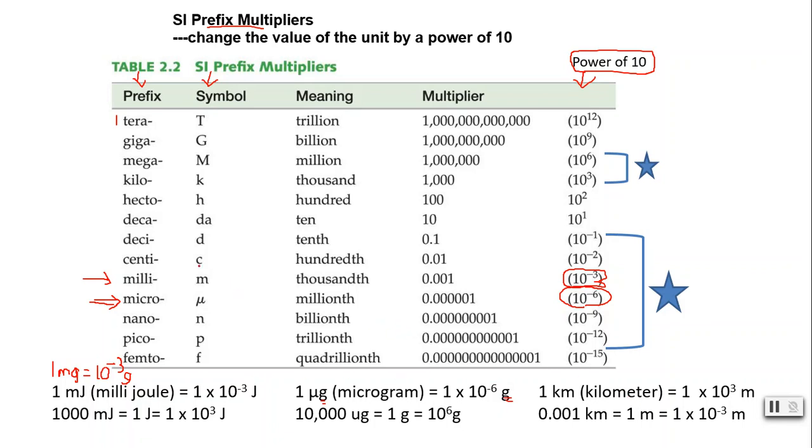So that is how this chart is set up. This chart is set up so that 1 of whatever prefix you have is 10 to the whatever that prefix is, but that power of 10 goes on the base unit, the unit that's in common. That's what I have tried to illustrate with these first 3 conversion factors that I'm underlining right now.